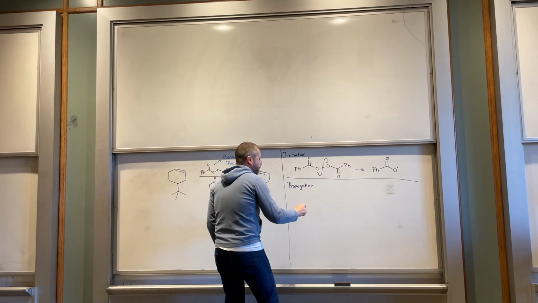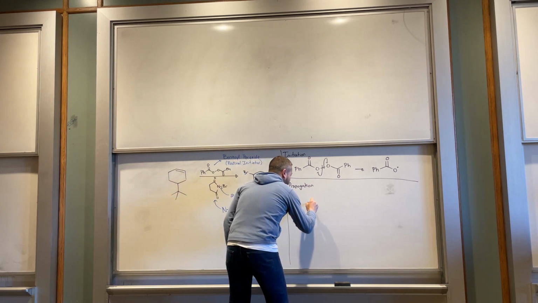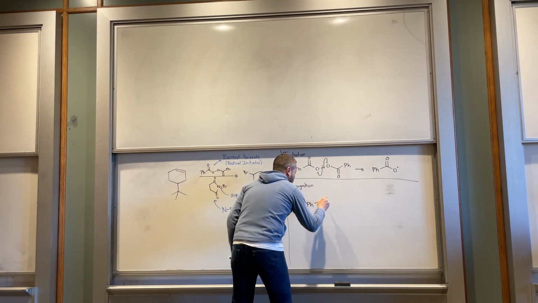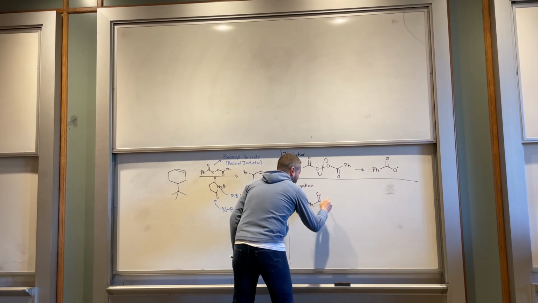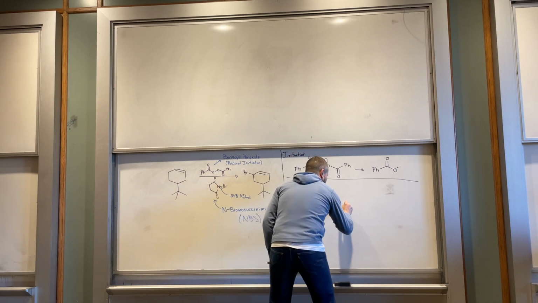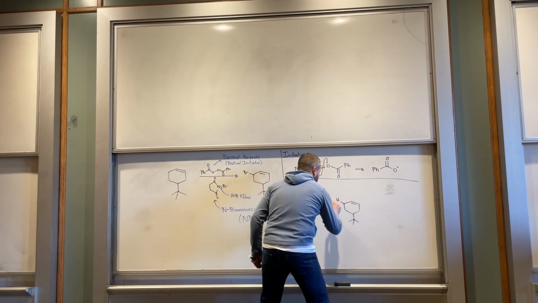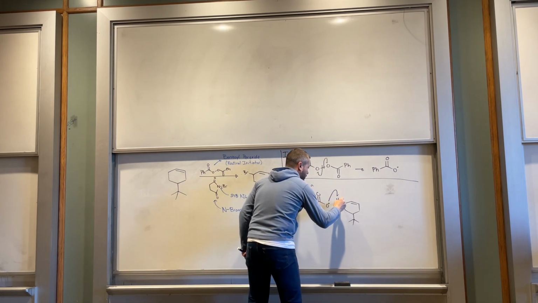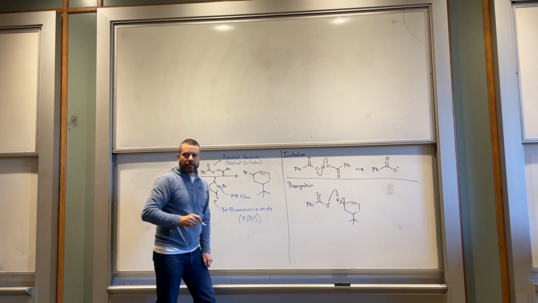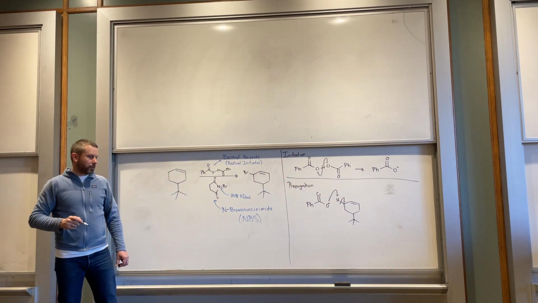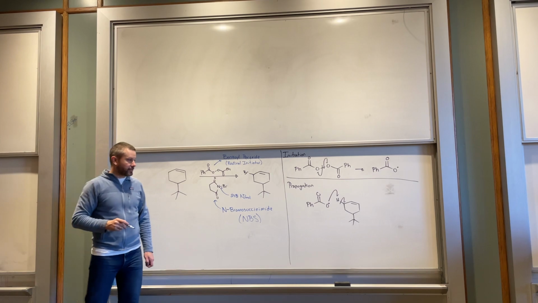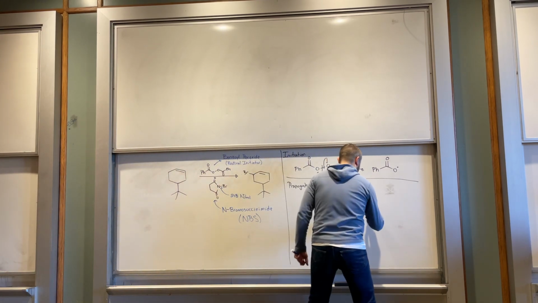Once we have that oxygen radical, it can abstract the hydrogen from our alkene, our allylic system. That's going to result in the formation of a carboxylic acid and then a carbon radical.